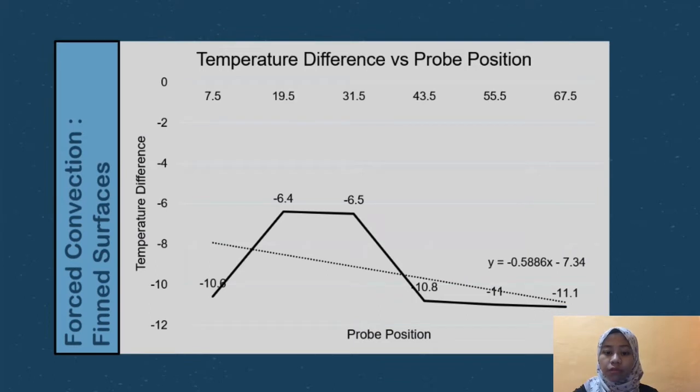Also the same with free convection, but this graph is forced convection. We use pin surface also, probe position and temperature difference. We plot and we find the value of gradient. Also the graph is directly proportional.